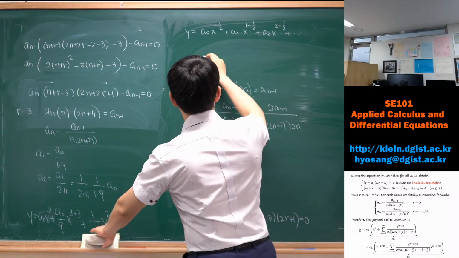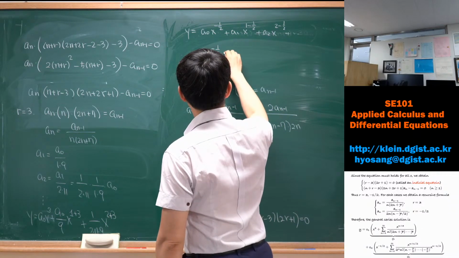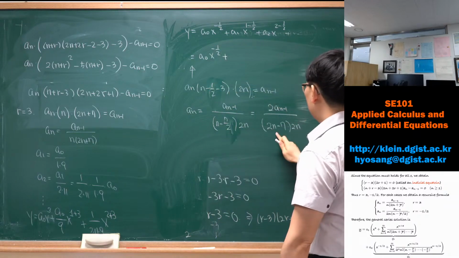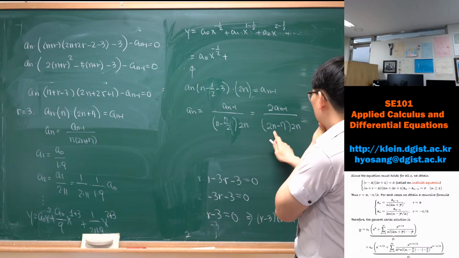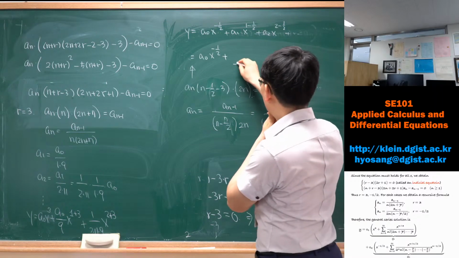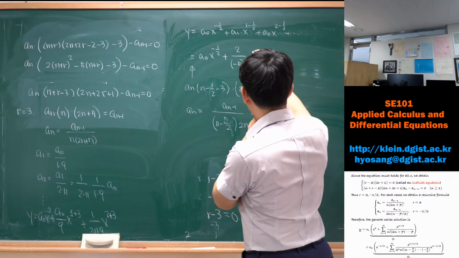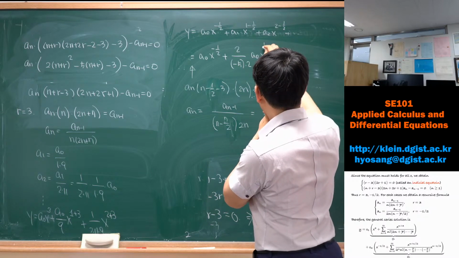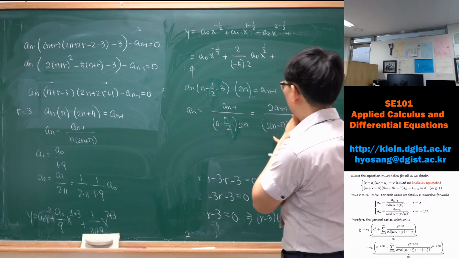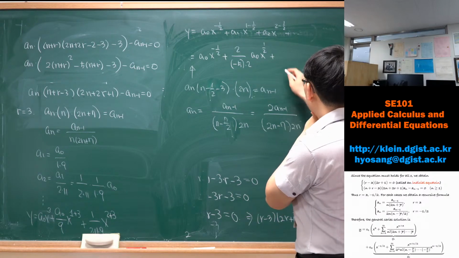So therefore, we have a_0 is a_0, x to the negative 1 over 2. a_1 is now, when I plug in 1 here, this is minus 5 times 2, a_0 x to the power of 1 over 2. How about a_2? Then I plug in 2 here.